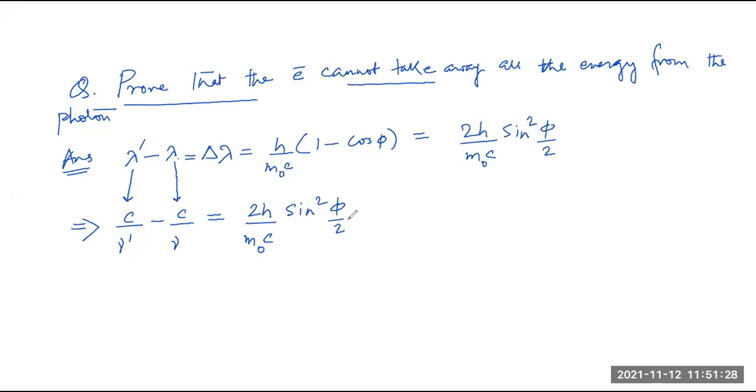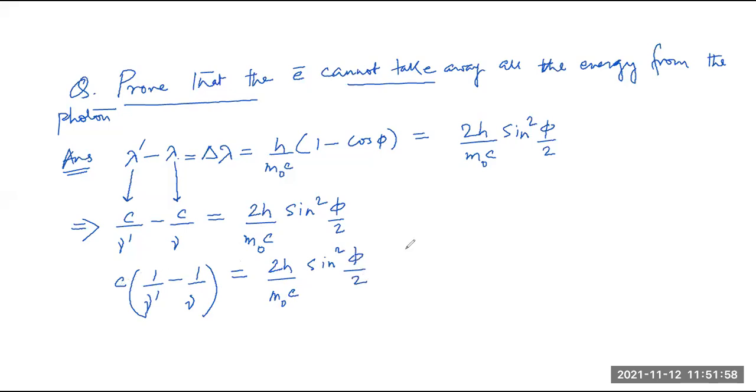So what we do is take c common: 1 by nu prime minus 1 by nu equals 2h by m naught c sine square phi by 2.